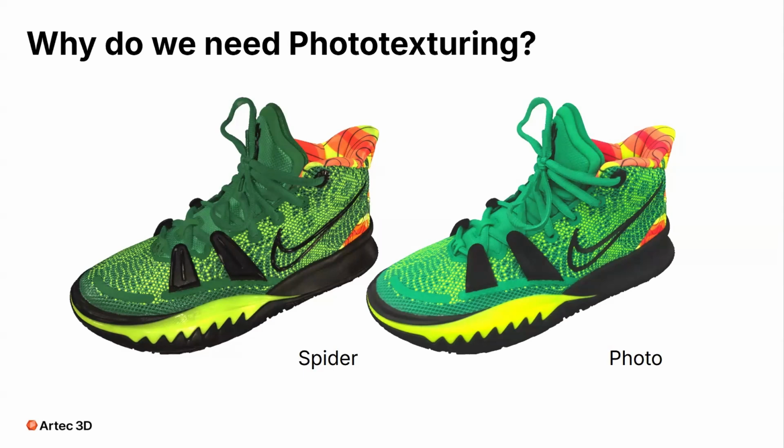We used a light box in order to evenly light our object. Of course, it's possible to do this with the Spider as well, but it's a bit more tricky because the Spider has its own texture flash. That is why it's much easier to do with the photo texturing.